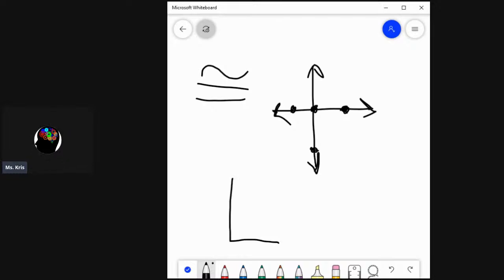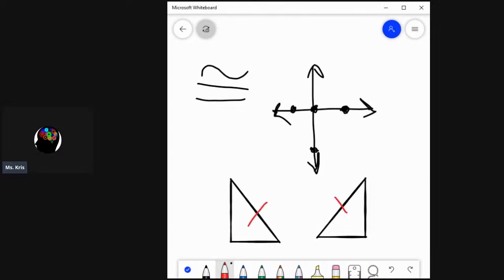So if I have two triangles and they have the similar markings in the same spot, then those are considered congruent triangles.